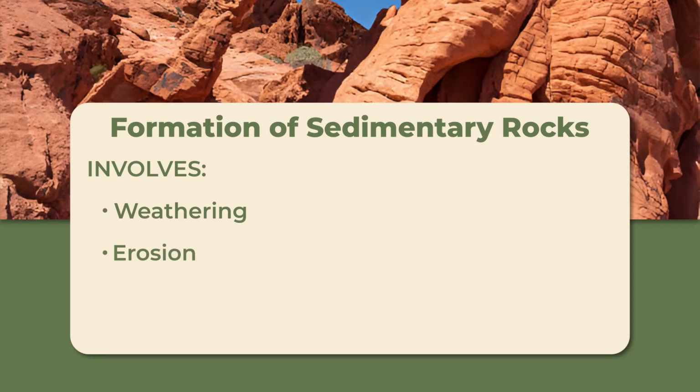Then erosion of them from that position, and then transport by wind or by water, depending upon the situation, from the place of their origin to a deposition basin. The deposition basin is where the sediment finally comes to rest, and there it gets transformed into a rock in due course of time.